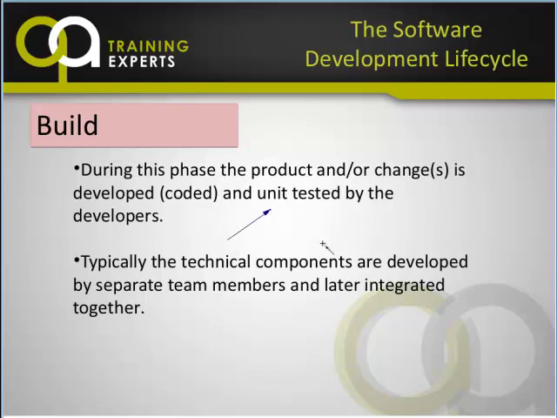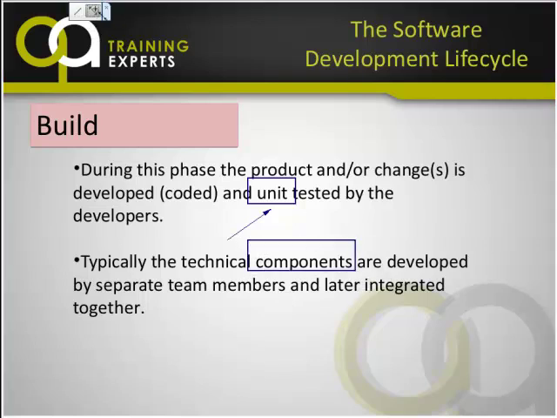They're going to do what's called unit testing. It's called unit testing because they're testing each unit by itself. A component is kind of like a unit. I could probably interchange these. They do component testing. They do unit testing. Sometimes people call it unit testing. Sometimes they might even call it component testing.